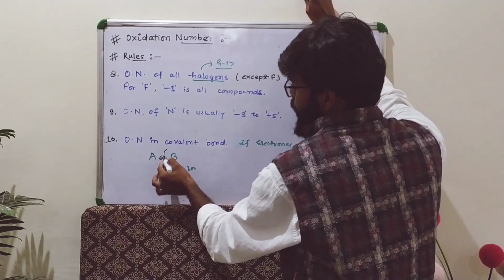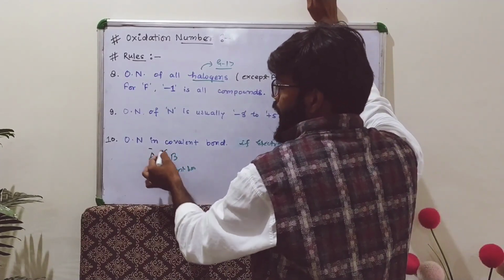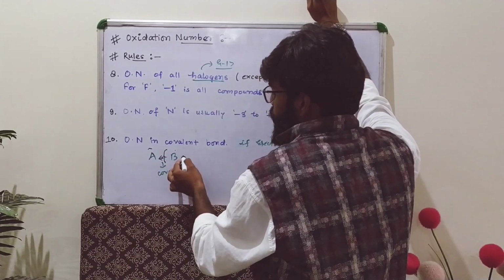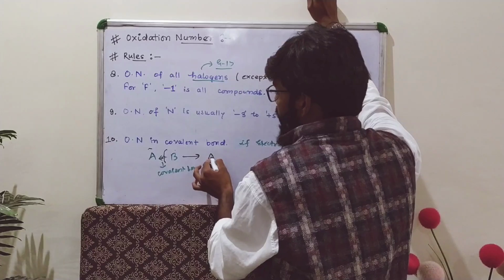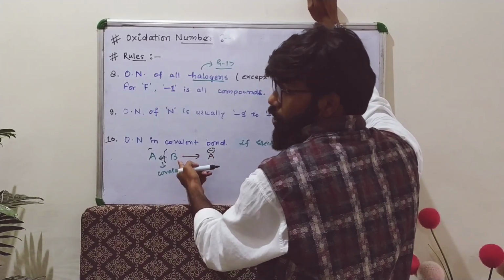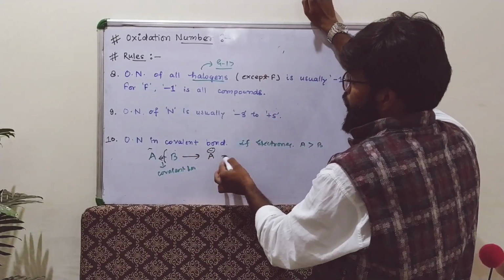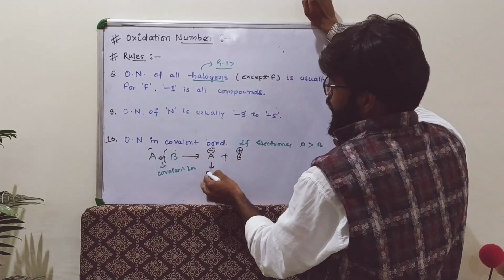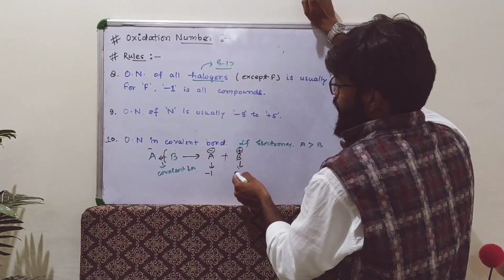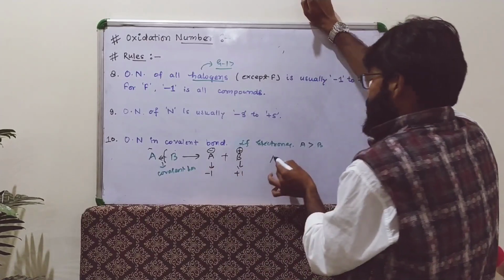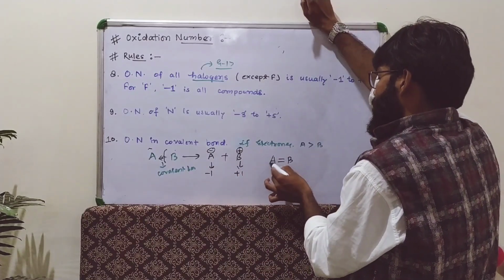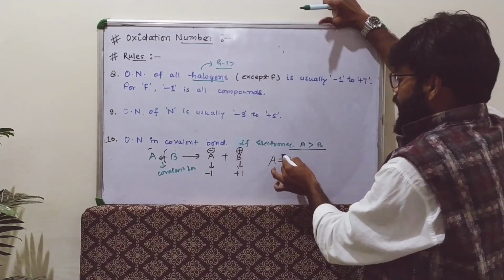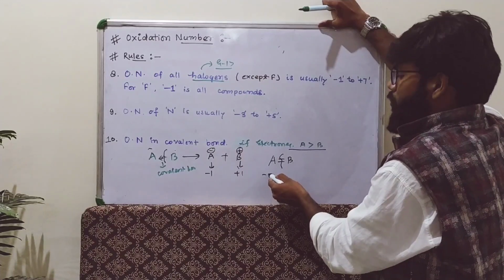So when this bond breaks, the electron will go to the A atom, and because it has gained an electron, A will have a minus charge, and because B has lost one electron, it will have a plus charge. So if one bond is broken, A has -1 and B has +1. Suppose two bonds are present between them, and the same concept is applicable, that the electronegativity of A is greater than B, then if you break two bonds, directly do it like this.